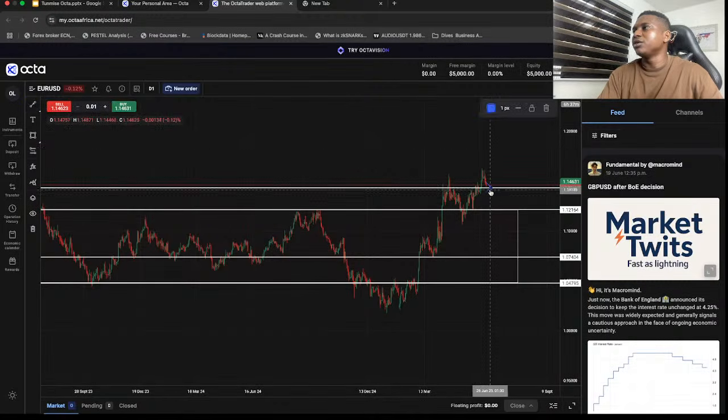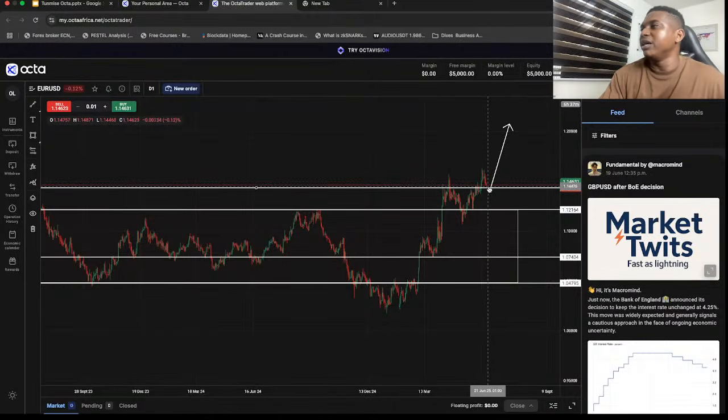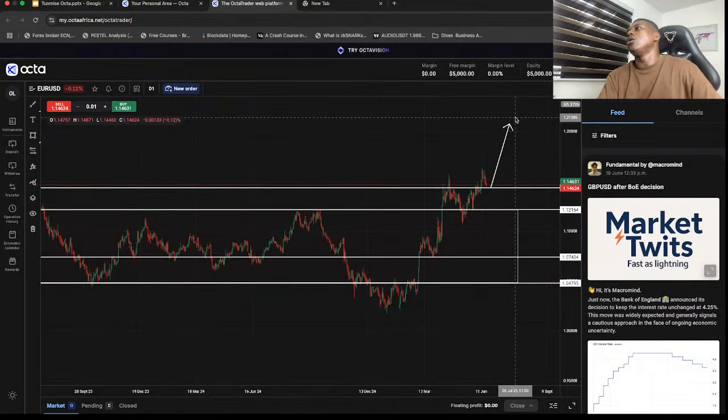This is what I see price doing. I see price continuing its journey upwards.